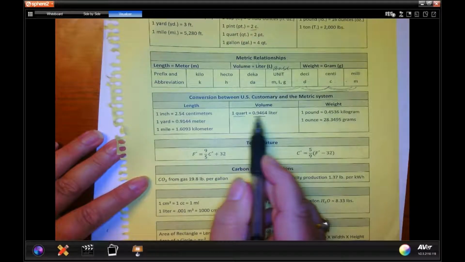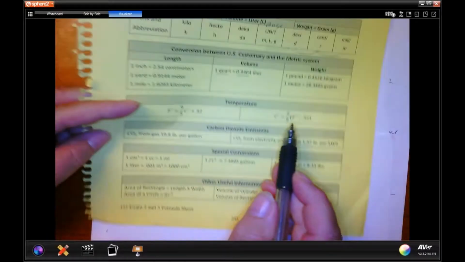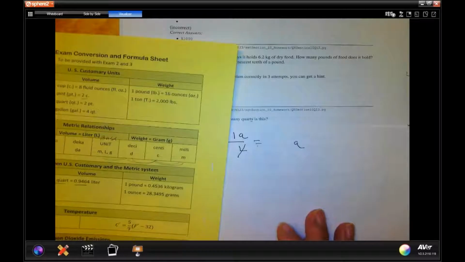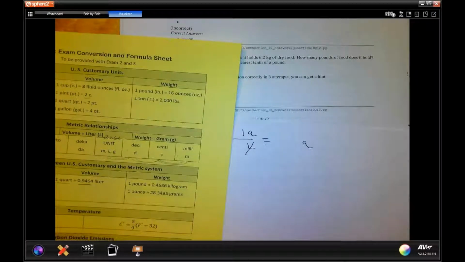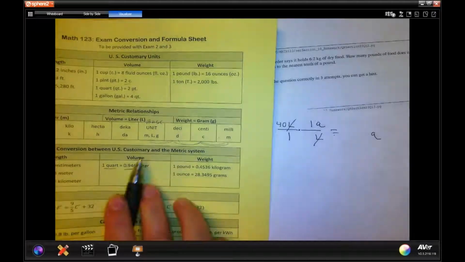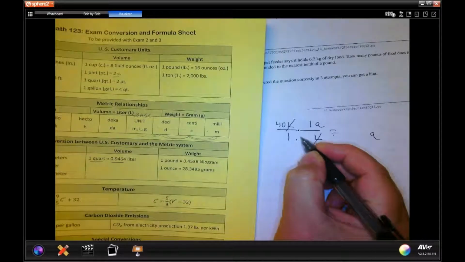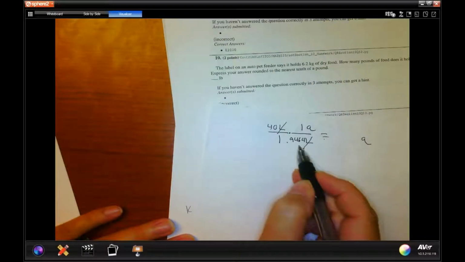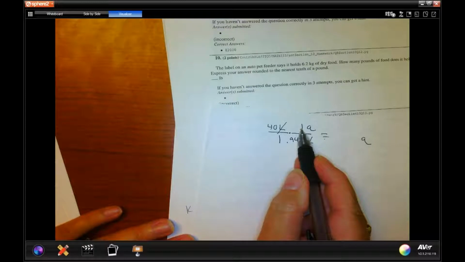Now, we have a conversion, quarts to liters. Now you just fill in the blank. You put the 1 where the quarts is. There it is. Okay. And the 0.9464 where the liters is. Now sometimes you're going to have a 1 here and a different number up here.